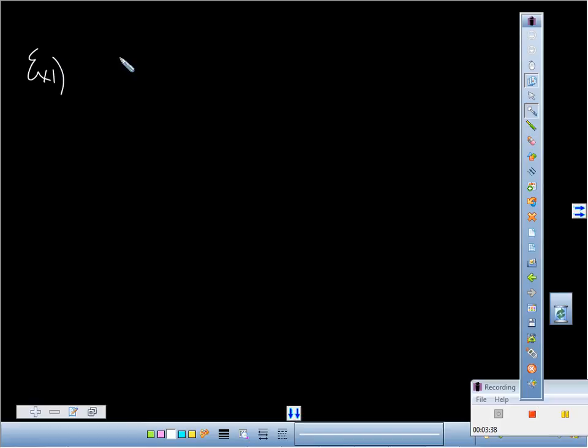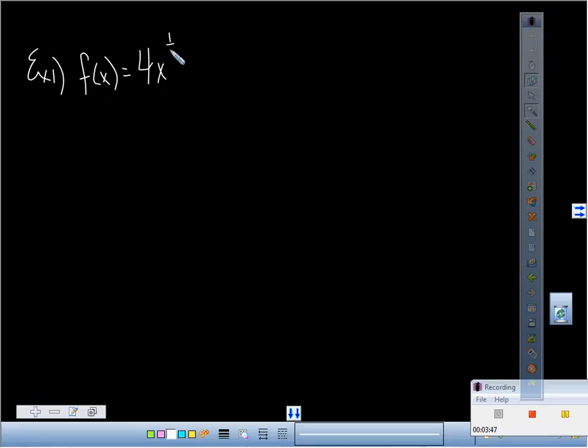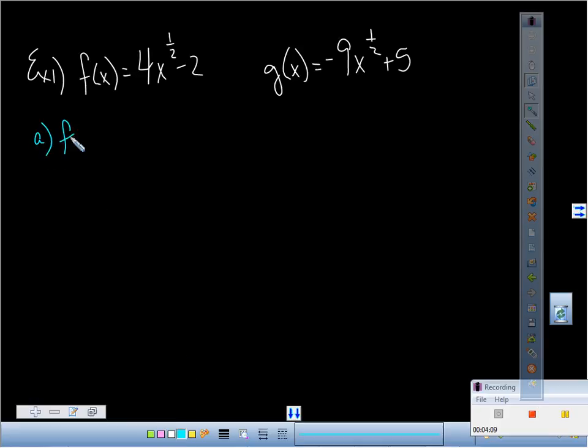Example 1, I'm going to tell you that f of x is equal to 4x to the 1/2 minus 2, and g of x is equal to negative 9x to the 1/2 plus 5. They're going to ask me to do 2 things. The first thing they want you to do is find f of x plus g of x.